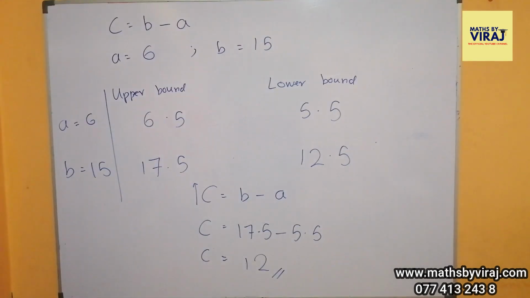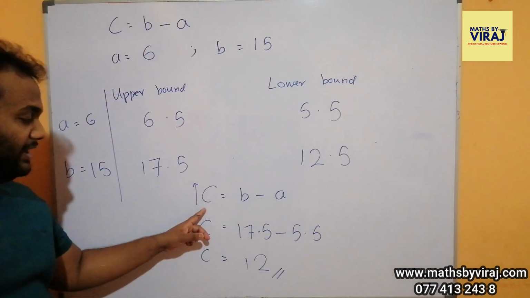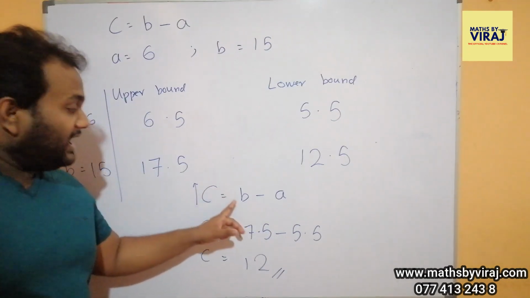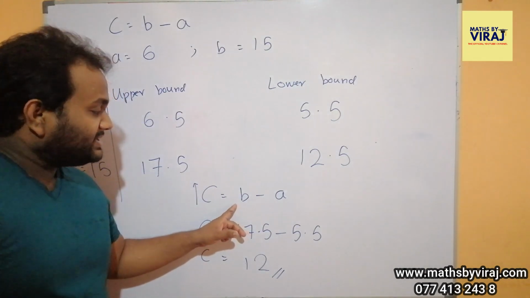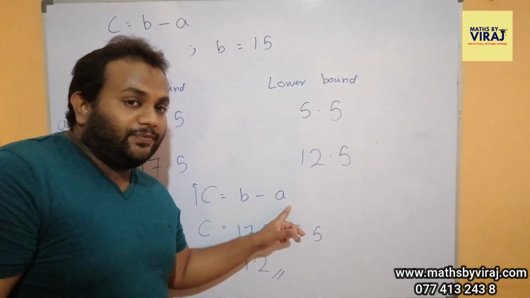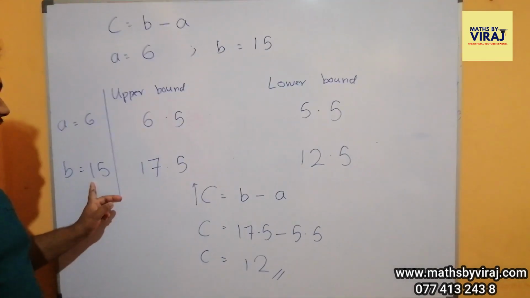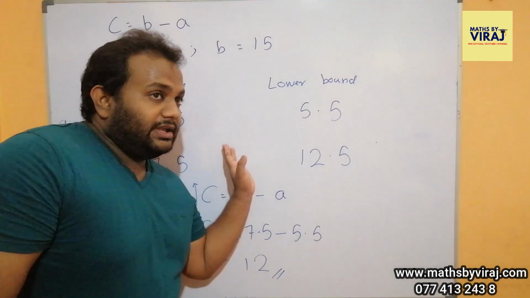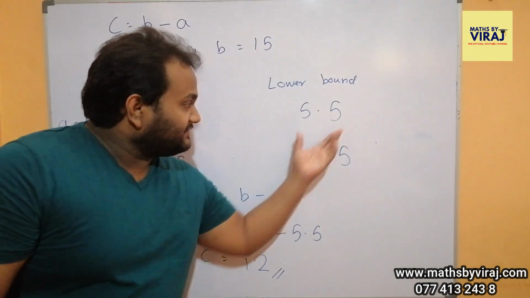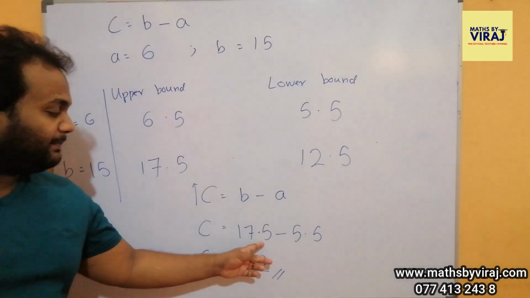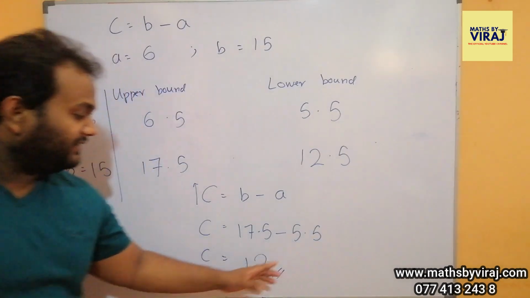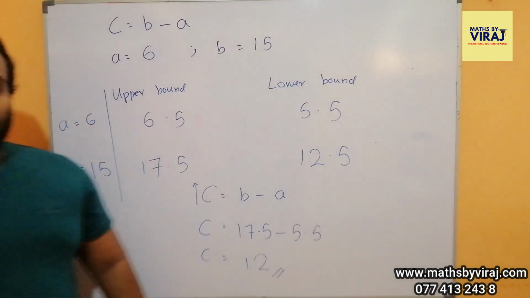Again, make sure that to get the upper bound value of C, the largest of B should be subtracted by the smallest of A. The largest of B is 17.5 and the smallest of A is 5.5. Therefore, 17.5 minus 5.5, the answer is 12.